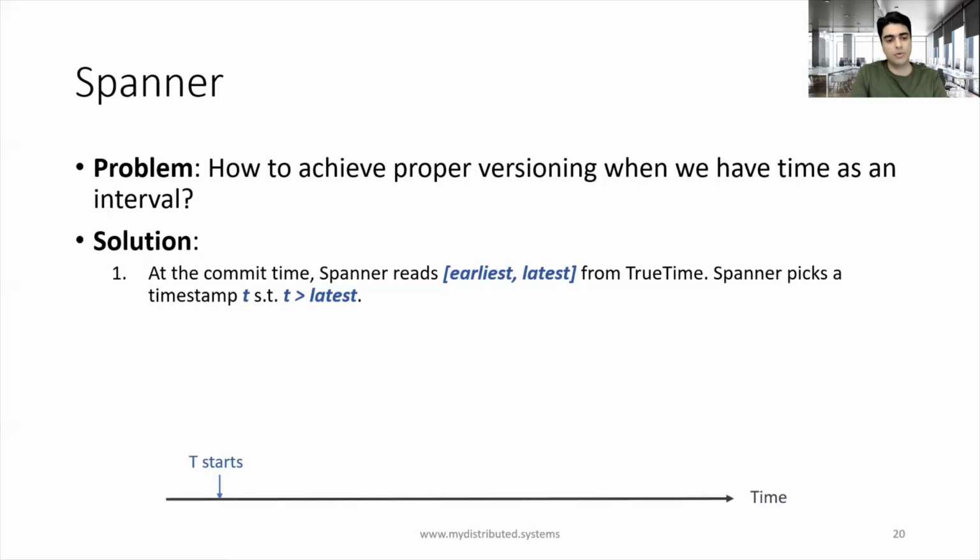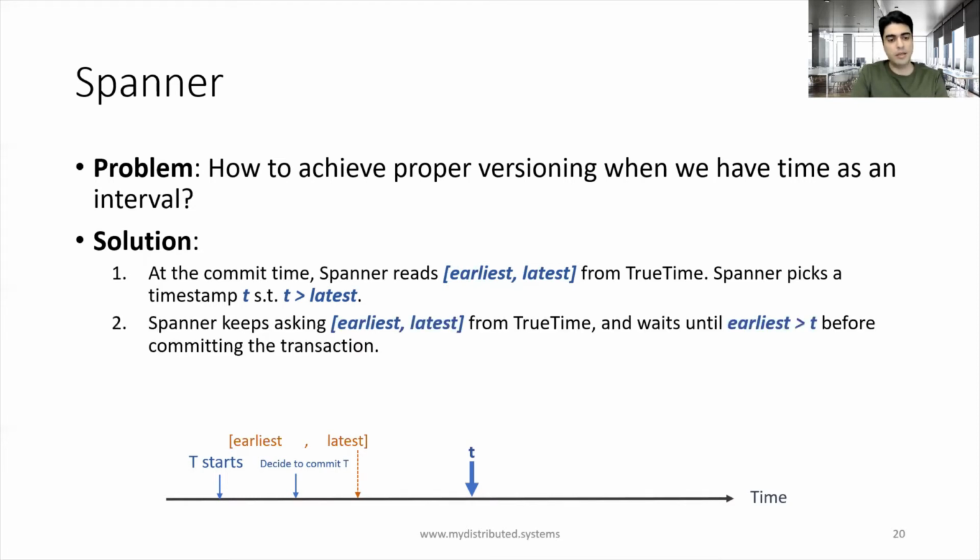So here transaction t starts. At some point it decides to commit transaction t. At that point we ask TrueTime for the time interval. It returns an interval, and Spanner picks a timestamp that is greater than the latest value returned by TrueTime.